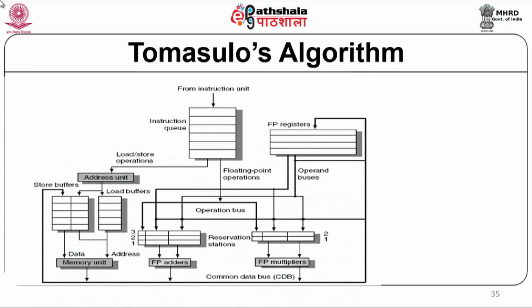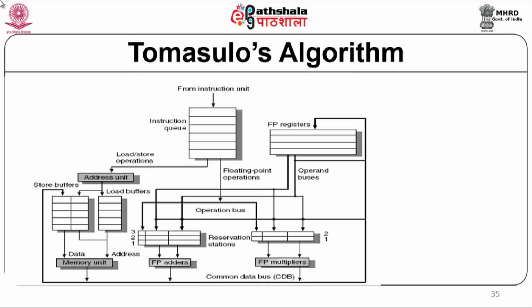So, Tomasulo's algorithm, this is the functional block diagram of the Tomasulo's dynamic scheduler. As you can see, instructions are fetched from the instruction queue, and they are decoded depending on what instruction it is. When you issue the instruction, once you decode it, you know what instruction it is. So, it is either allocated a reservation station entry associated with the appropriate functional unit, or it is given to a load or a store buffer.